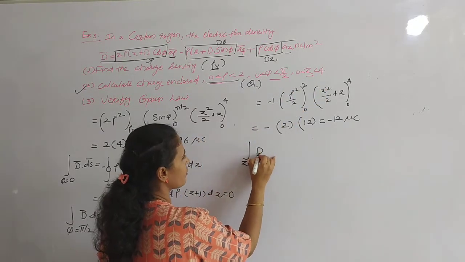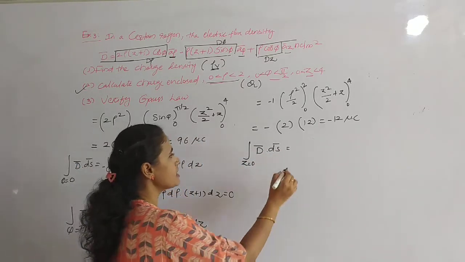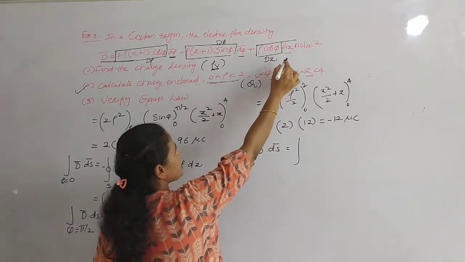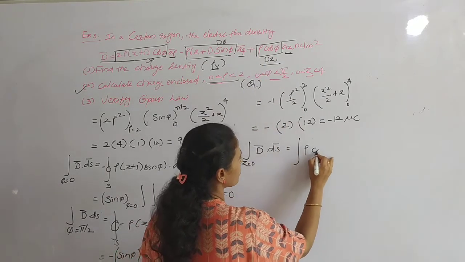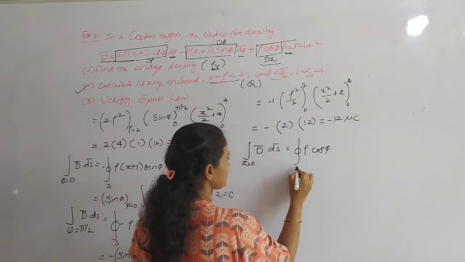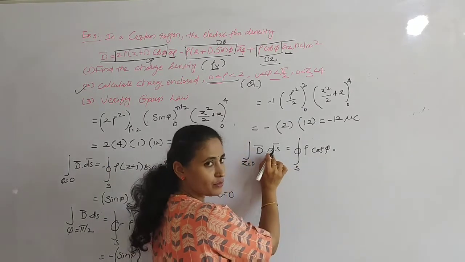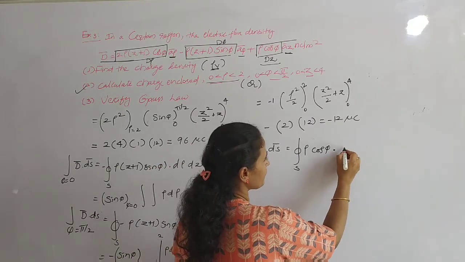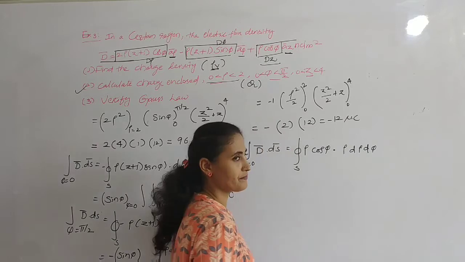With z equal to 0, D bar dot dS bar. So what is the D bar of the z term? D bar of the z term is dz, which is rho cos phi, and the surface integral is with dS. What is dS? It is the differential surface normal to z, which is rho d rho d phi.